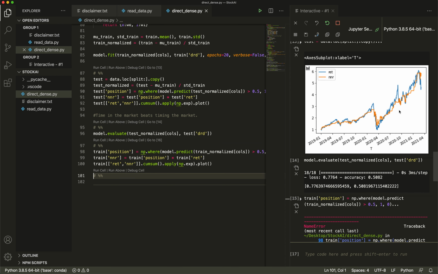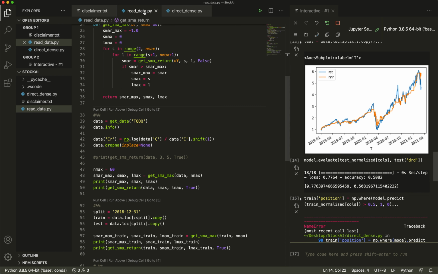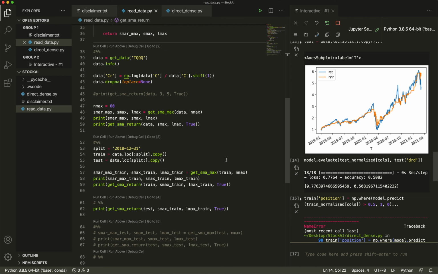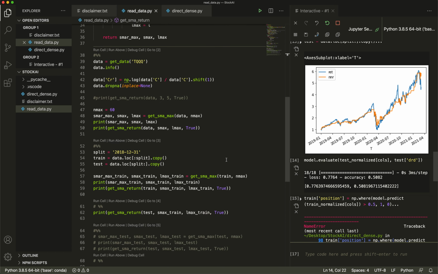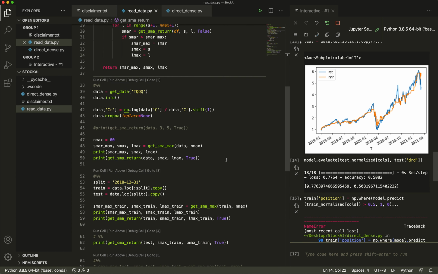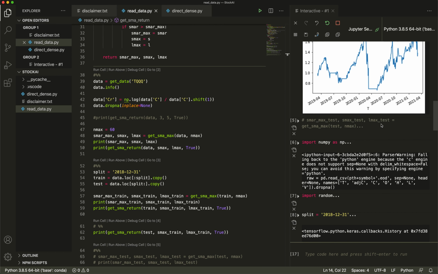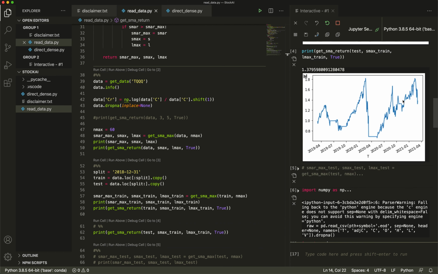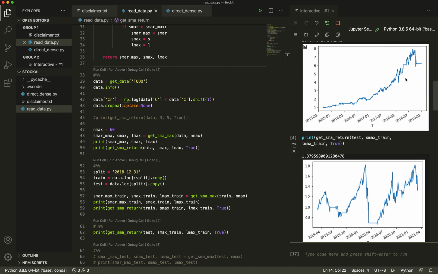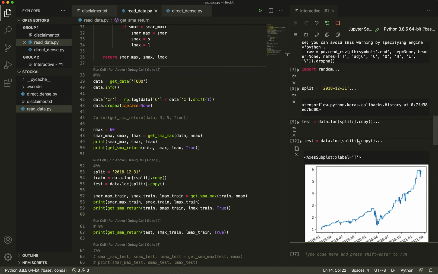Do you remember the overfitting problem for the 2 moving average example? For the testing data, the return was 1.3 times the starting money, which is far worse than the training data, which was about 6 times the starting money.